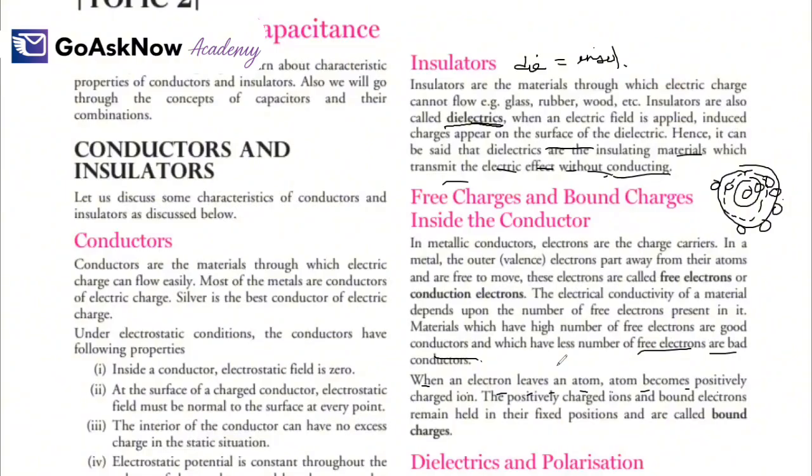The positively charged ions and bound electrons remain held in their fixed positions and are called bound charges.